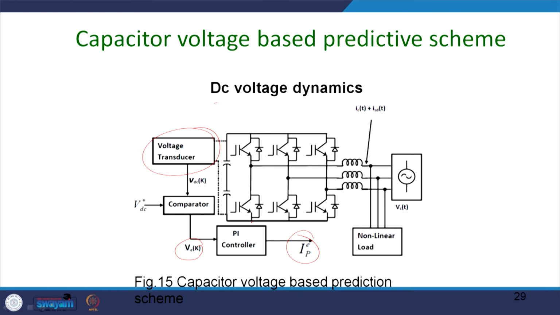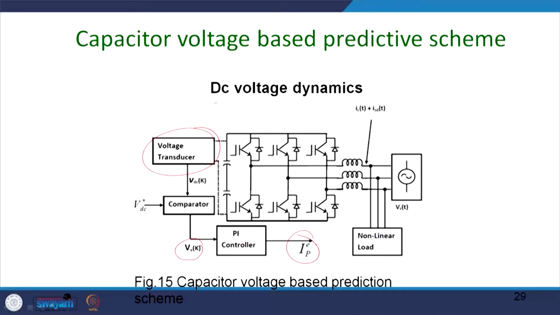Once there is a change in the capacitor voltage because of an increase in the load, the IP will estimate the value of IP. And you get IC plus IST that will flow and maintain the current, and from there you try to guess the initial value of IP.